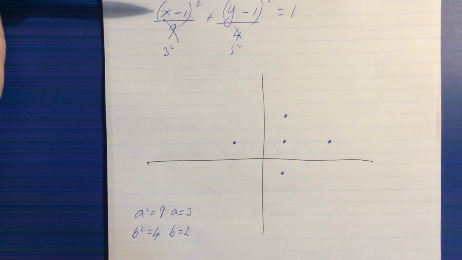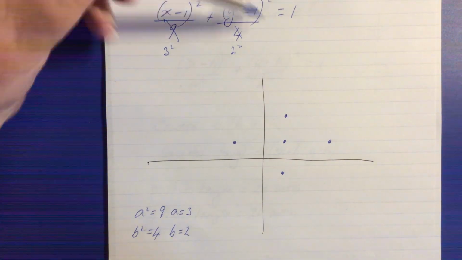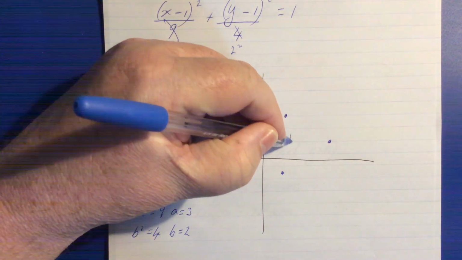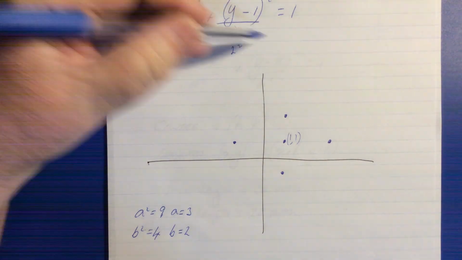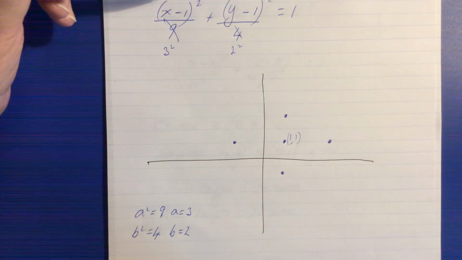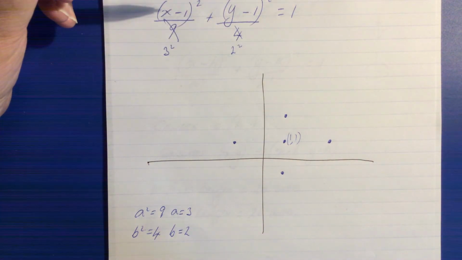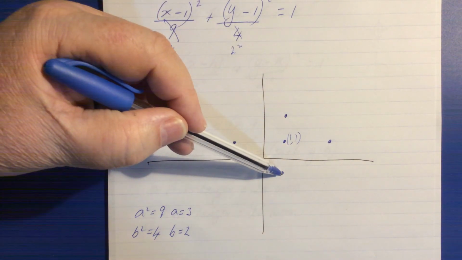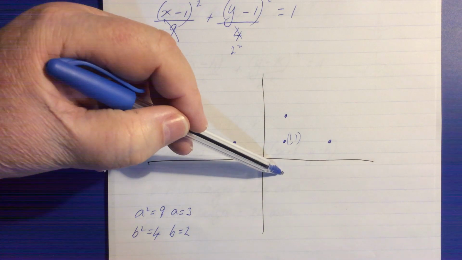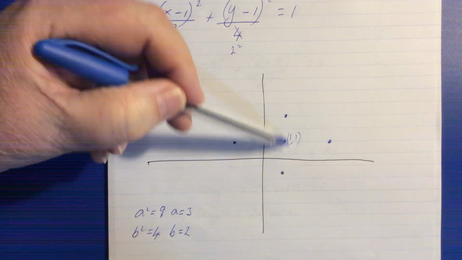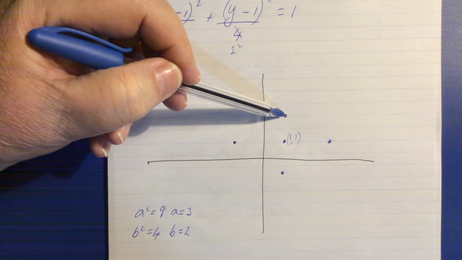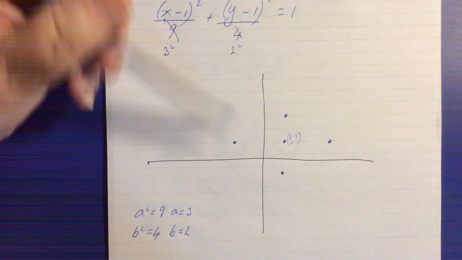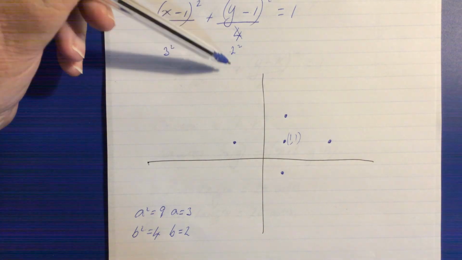Now, our center is 1, 1. That's this point here. So that is 1, 1. And we get that from this equation in this form. The distance through the origin from the bottom of this thing to the top of this thing we find by multiplying, in this case, 2 by 2.